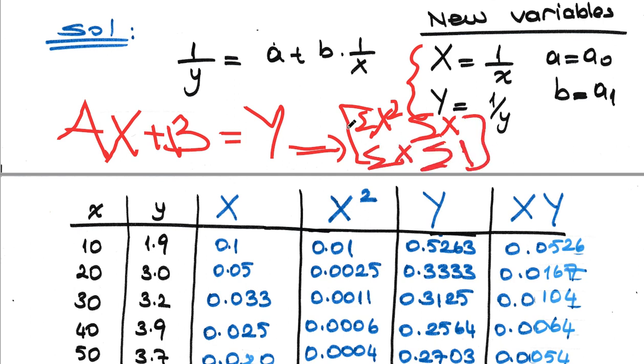This is valid for big X and big Y. Here A and B are unknown, and the right side will be big X times big Y, and big Y. So you will deal with your big X and big Y case.